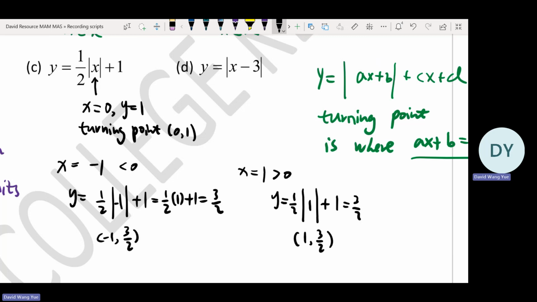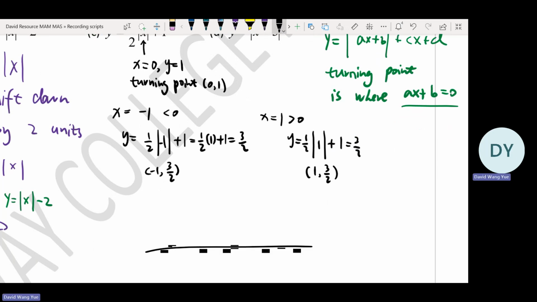So now we have 3 points, and we show them on the Cartesian system. Firstly, (0, 1). Secondly, (-1, 3/2). Thirdly, (1, 3/2). Now you connect them, and you should get the graph.